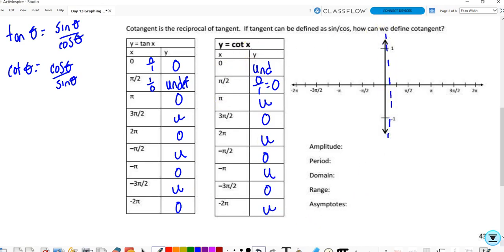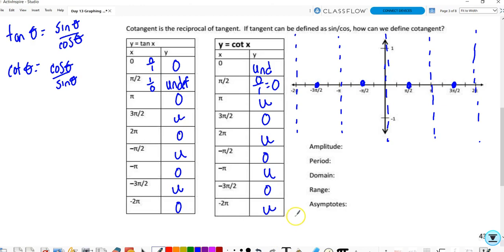Whoa, that's crooked. An asymptote at pi, 2 pi, negative pi, negative 2 pi, and then all these zeros here, here, here, and here.